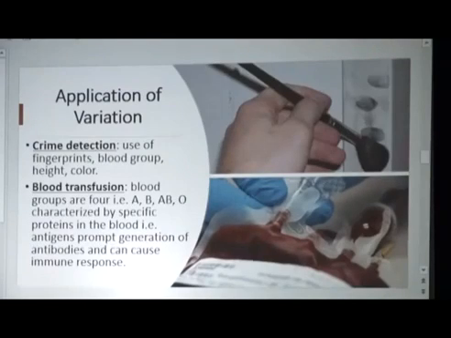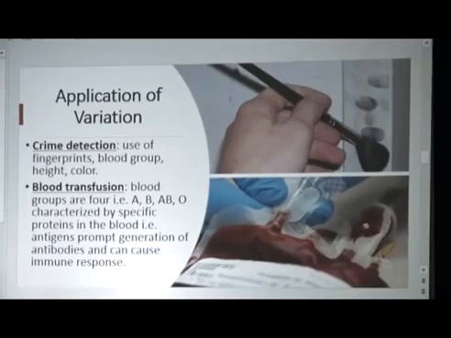Then, application of variation. What are the usefulness of this variation? It helps in crime detection. For instance, in a crime scene, to know the suspect, the object which the suspect touched can be looked at to get the fingerprints.